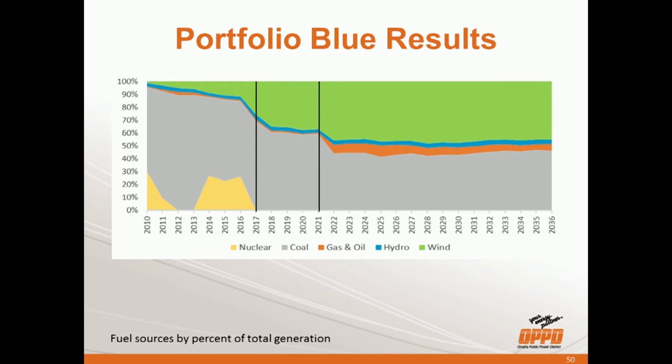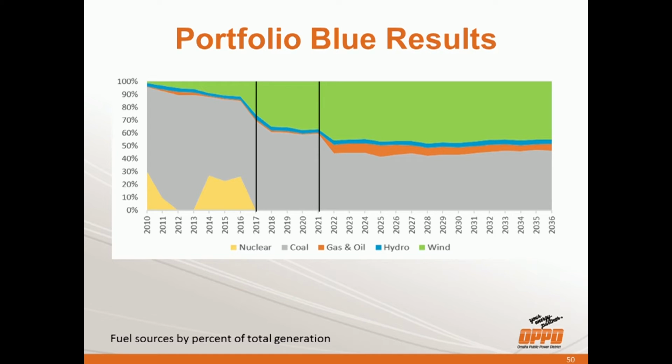Probably the story here that we found most interesting was if you start back in 2010, 2011, you see a sliver of renewables, and then as you progress into 14, 15, and 16, that slice grows. And as you go into 17 and 18, you've got the inclusion of Grand Prairie, to Director McGuire's point earlier. Then hypothetically in this portfolio, you'd have more wind in 2018 and 2020. So we really see the presence of renewables grow both before the 5-year plan study and within the current 5-year plan study.